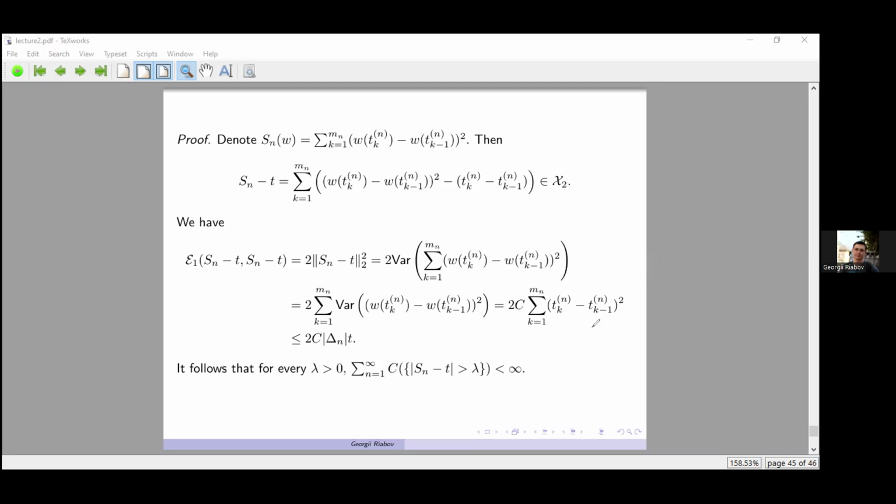The last estimate is, instead of differences squared, write it as a product of two differences and estimate one of them by the size of the partition. Then the sum of what remains will give just t.